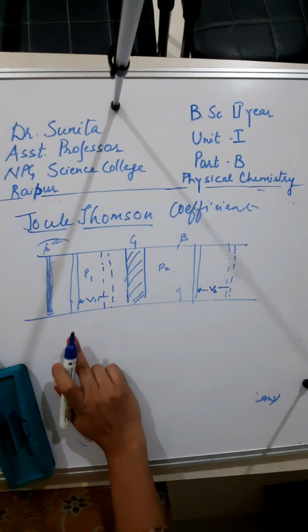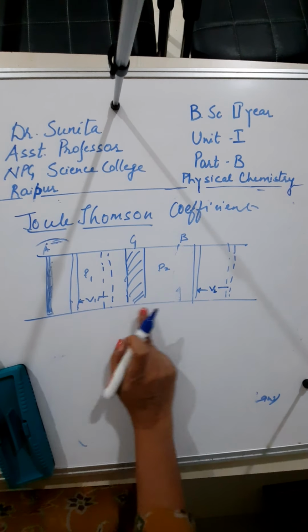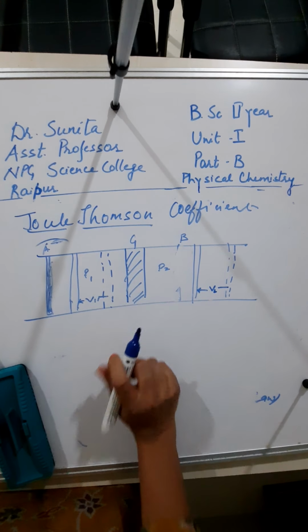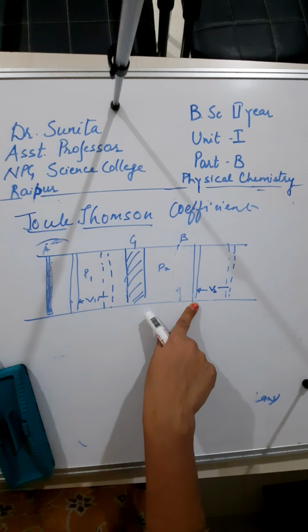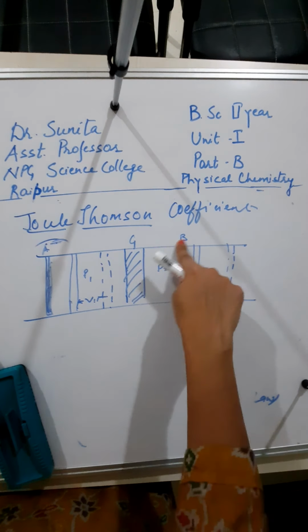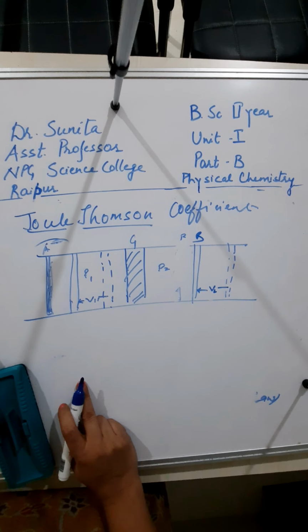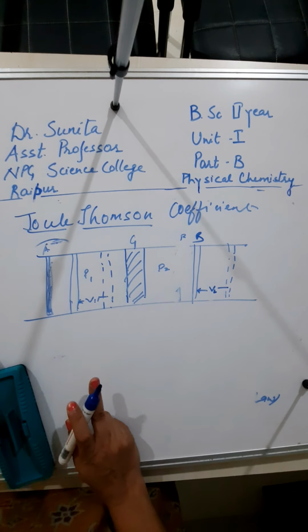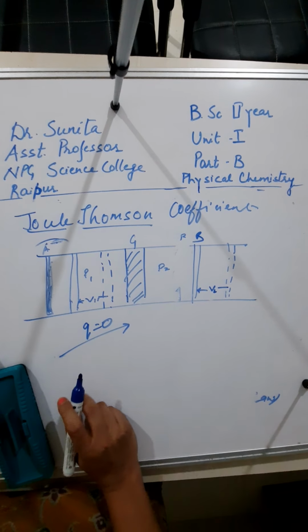Here we have a tube made up of non-conducting material and fitted with a porous plug G in the middle, and the two pistons A and B are on the sides. The tube is thoroughly insulated to ensure the adiabatic condition, where no heat is allowed to enter or leave the system.